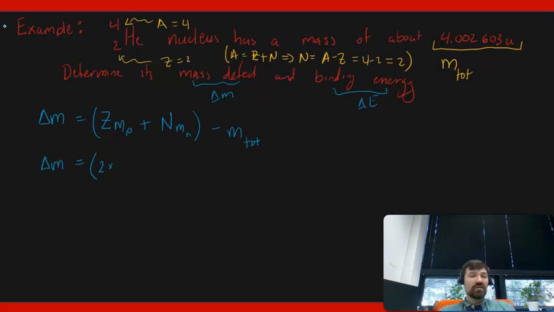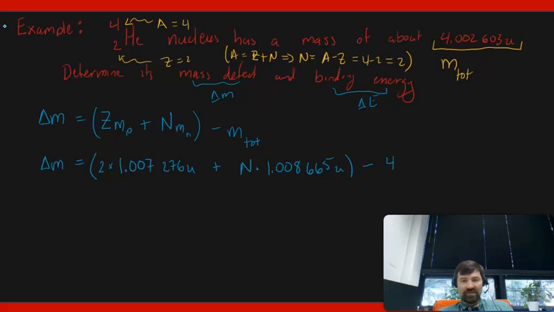The mass of a proton in U's we found earlier from the example that I worked. It comes out to about 1.007276 U. And then for the neutrons, we have 1.008665 atomic mass unit.